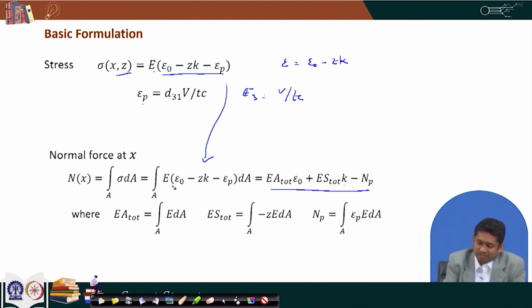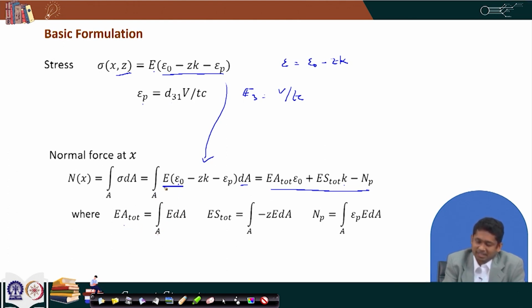Now, let us look into this integral E multiplied by epsilon 0 over d A. Now, epsilon 0 is not a function of the cross section. Along the cross section, no distortion occurs. So, strain is function of x only. So, it can be taken out of this area integral. Then we are remaining with E d A integrated over the area A. So, E d A integrated over the area A gives me E A total.